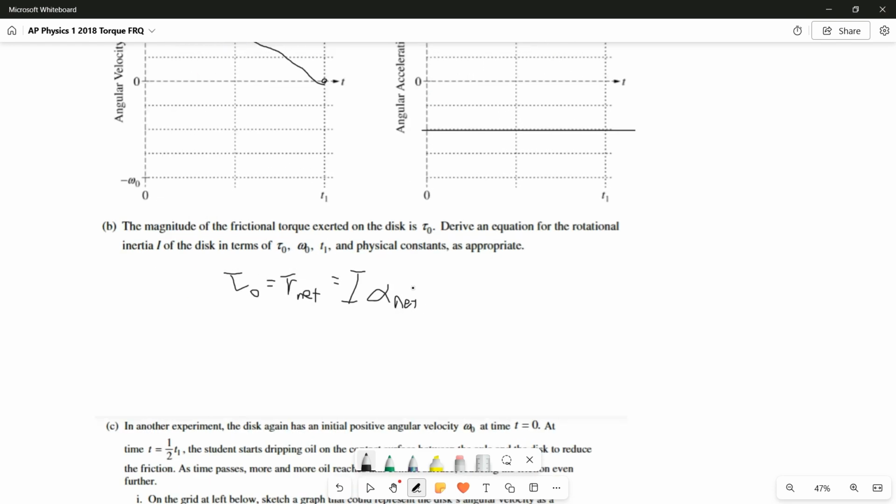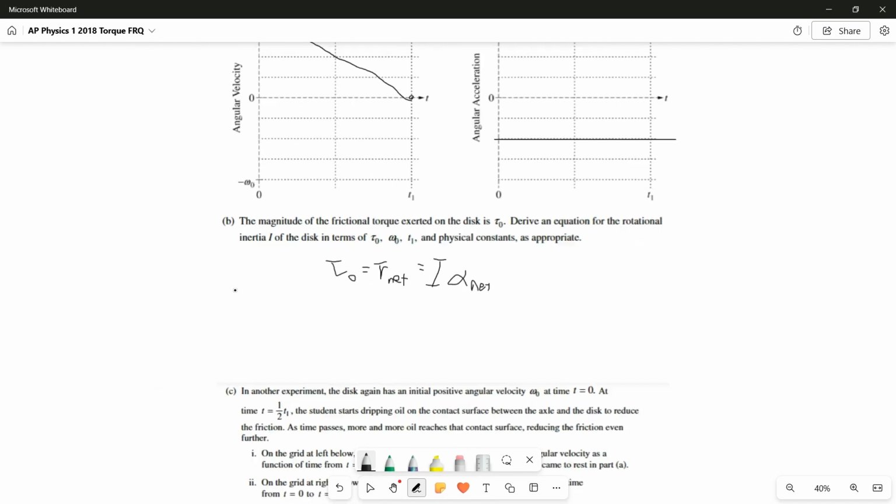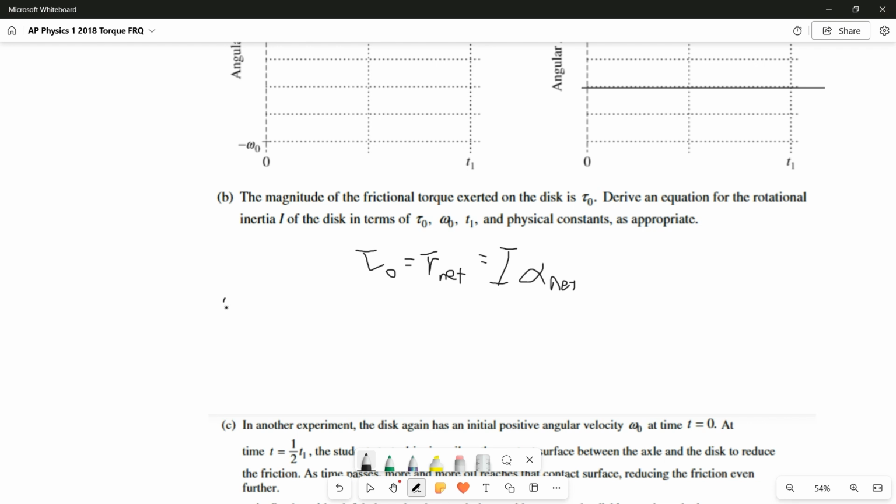So all we really need to do now is find what alpha net is. Well, to do this, we could probably use our kinematic equations, but in a rotational sense. So we have omega i, omega f, alpha, which is what we're trying to find. We have our change in angular displacement, which we do not have, and we have change in time.